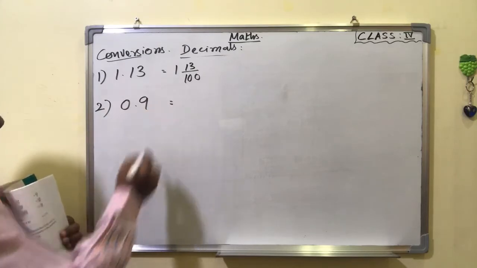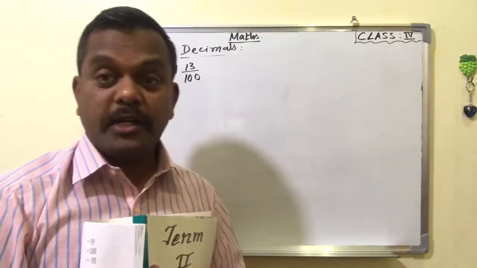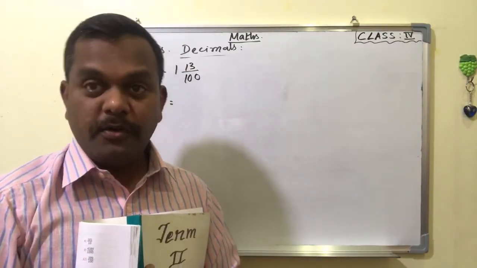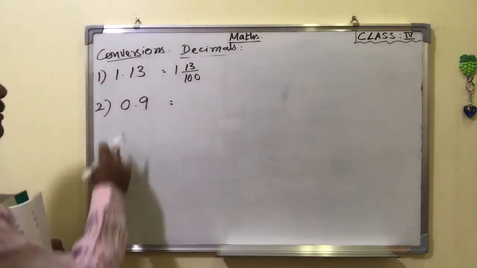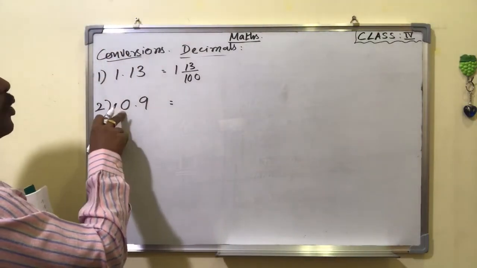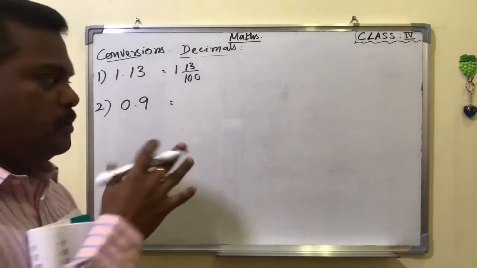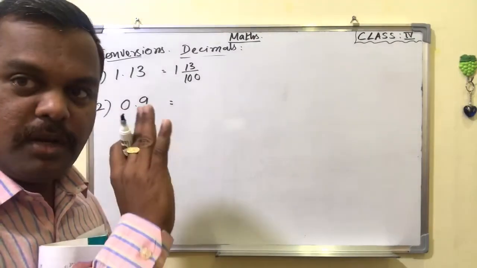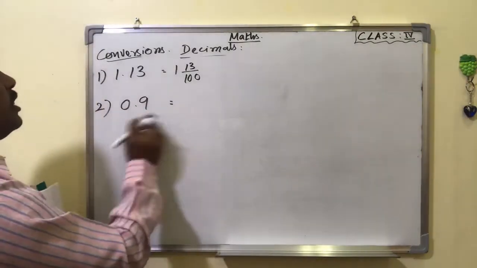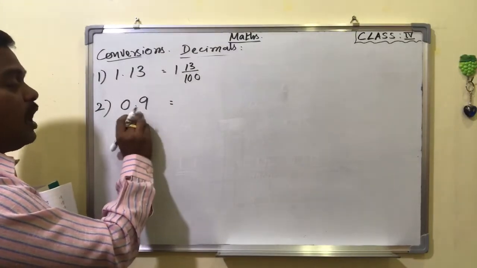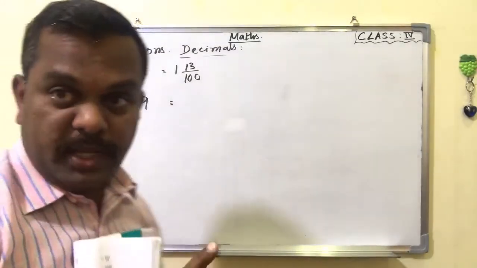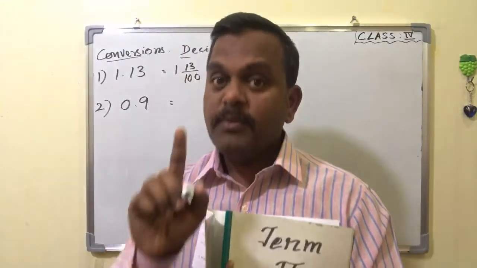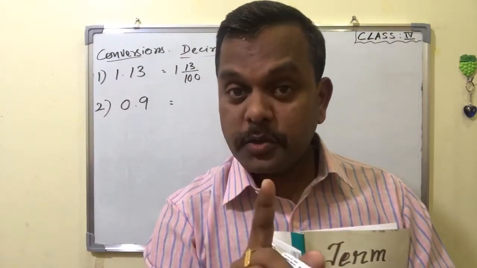0.9, convert into fraction. How to convert? Look here. The whole number is 0, so no need, leave it. After the decimal point, how many places? Only 1 place. If only one place, the denominator should be 10.